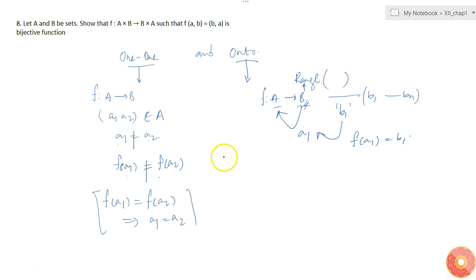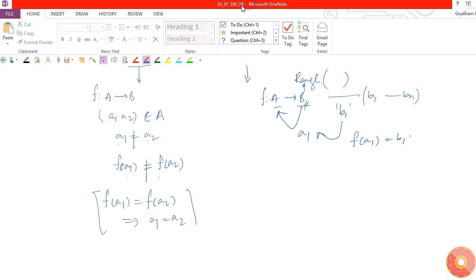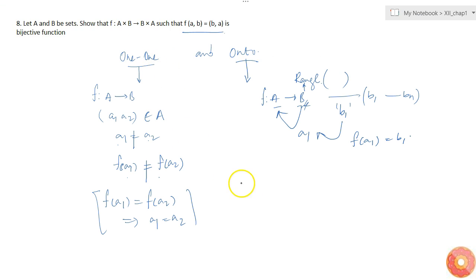So here we are given a function f of (a, b) is equal to (b, a), and we are asked to show that it's a bijective function. Let's first test it for one-one. If we take two random elements, f of (a1, b1), its answer is simply (b1, a1). If we take some other f of (a2, b2), this is equal to (b2, a2).